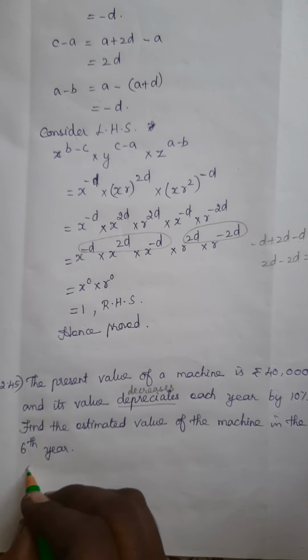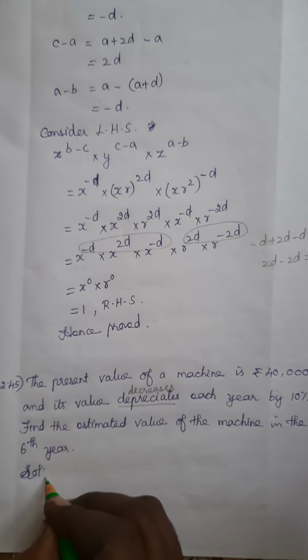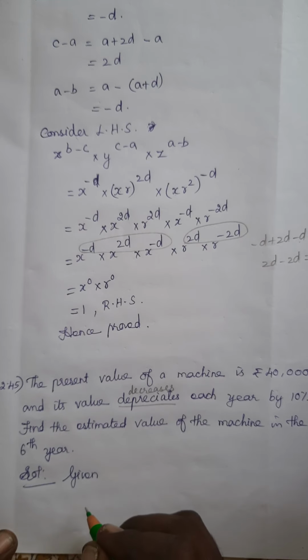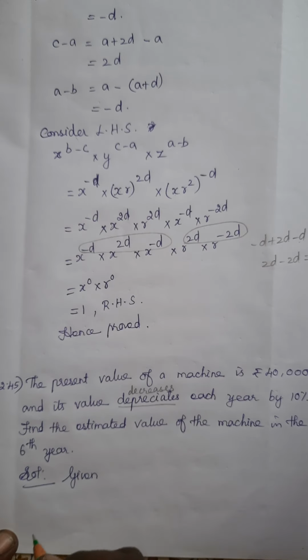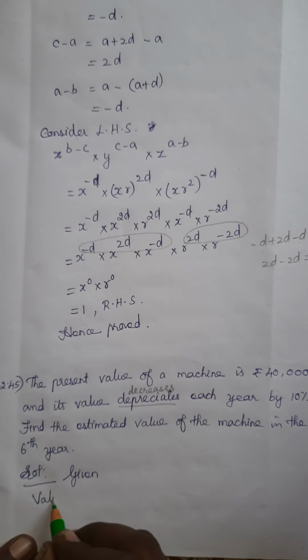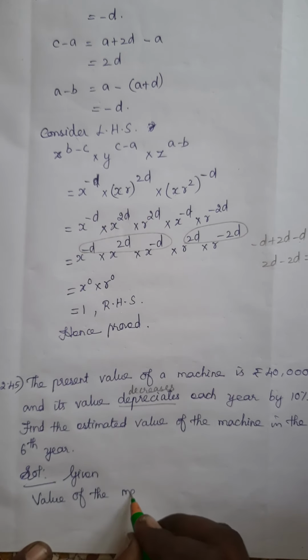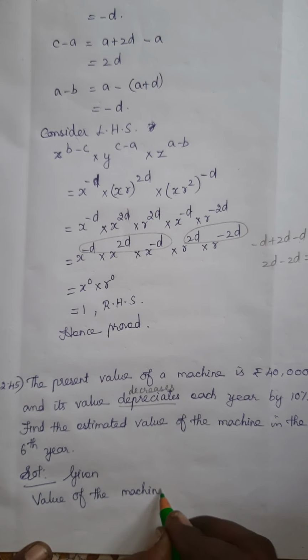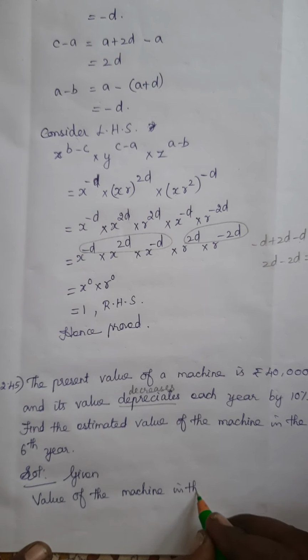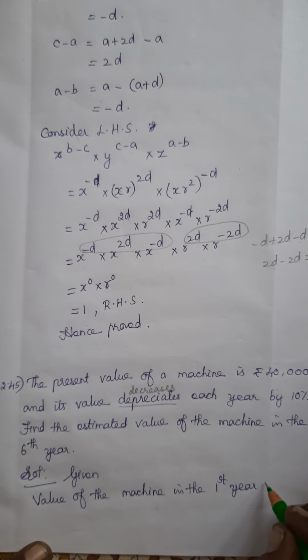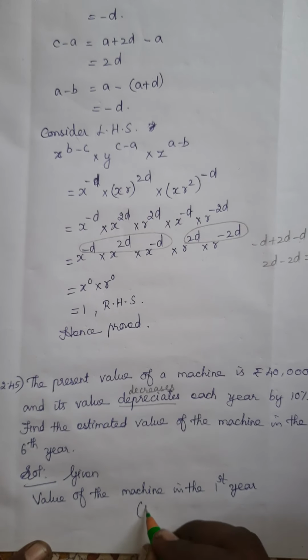First we can write the given: the value of the machine in the first year. That means it is the present value.